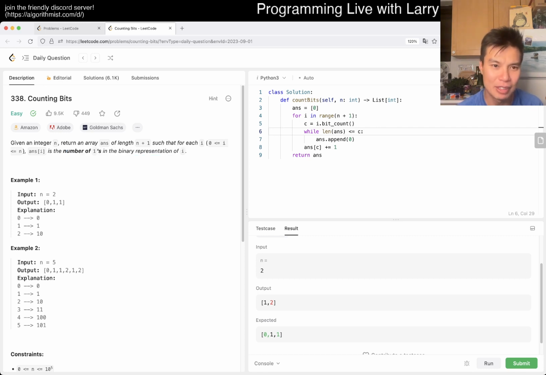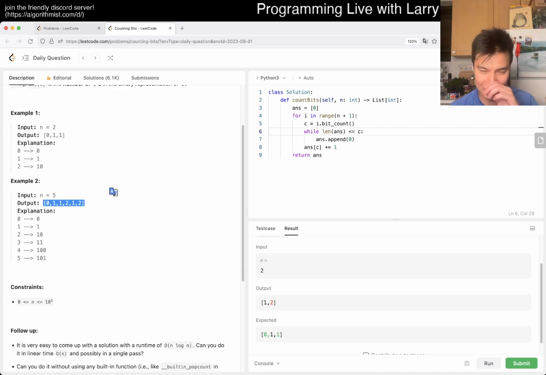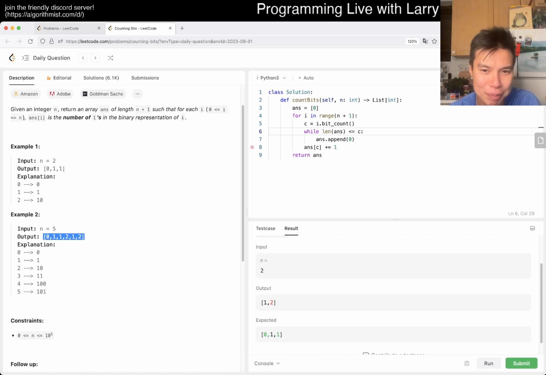It's the number of ones in the, wait, why is this in the binary representation? Oh, I see. I actually misread this. Okay, again, it's still the same core idea, but yeah, okay, fine. Man, I am really silly today.